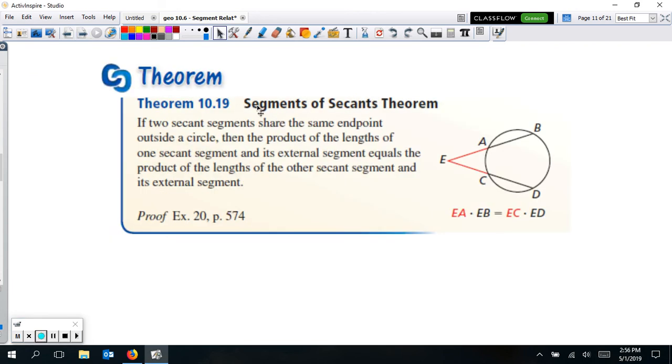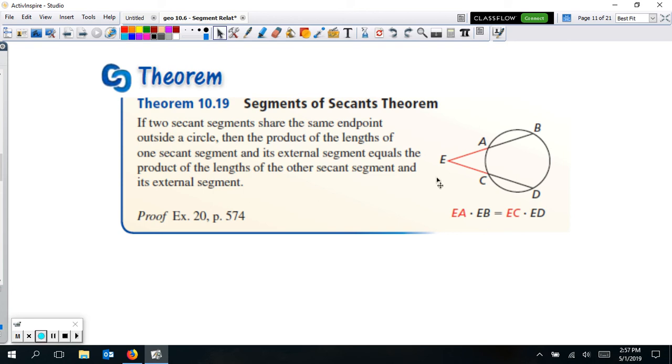So we look at another theorem here. Segments of secants, that's right there underneath that on the same page. So we have two secants. E is the external point, with two secant segments going through here. So what we can say for this: if two secant segments share the same endpoint, so these two are sharing E here, outside of the circle, then the product of the lengths of one secant segment and its external segment equals the product of the length of the other secant segment and its external segment.